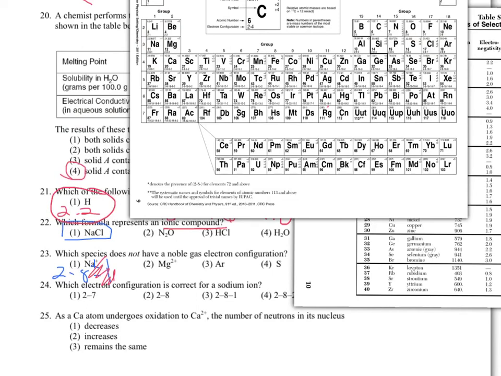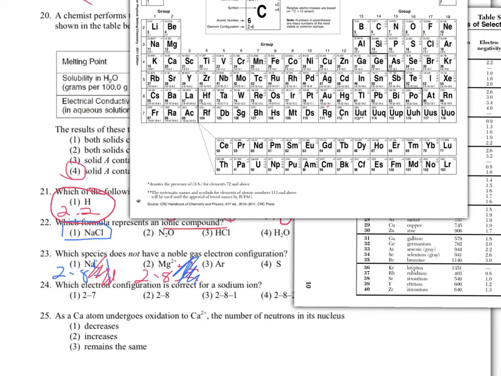Magnesium plus 2. Magnesium atoms have the electron configuration 2,8,2. But when it forms an ion, it has a plus 2 charge. So these electrons cancel each other out, and we're left with 2,8. Again, the same electron configuration of neon.